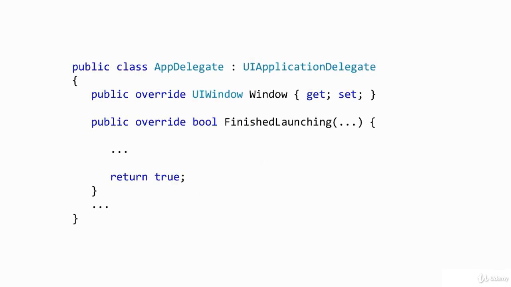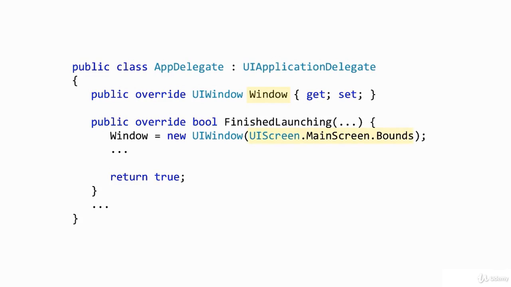Let's bring this back to our project. When the app launches, the main method will launch the UIKit framework and point it at the app delegate. The app delegate creates the primary window, which will provide our visual surface. And it has a property named window of type UIWindow, which must be assigned. Now, the system will assign it automatically if you're using a storyboard, or you can set it yourself.